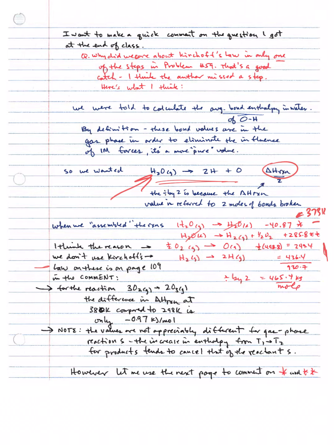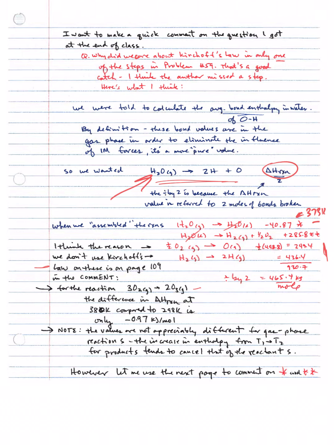And what I say here is I think the reason we don't use Kirchhoff's law on those 2 bond dissociation reactions is because the answer is on page 109. In the example in the Chang textbook that illustrates Kirchhoff's law, if you read the comment for the reaction, 3 oxygen molecules go to 2 ozone molecules, it says the difference in the delta H of reaction if you run it at 380 K compared to 298 K is very small.